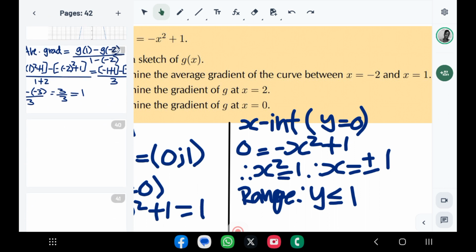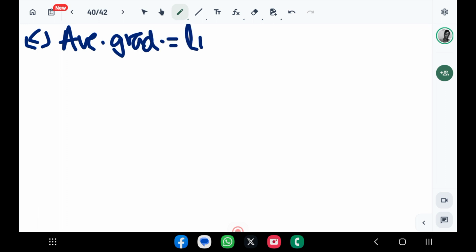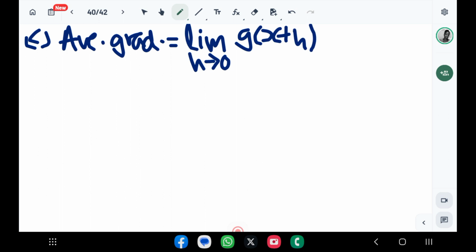Okay, to find what the gradient of g is at any general point, let's first find the gradient in general, which is equal to the limit as h tends to 0 of g of x plus h minus g of x, all over h.